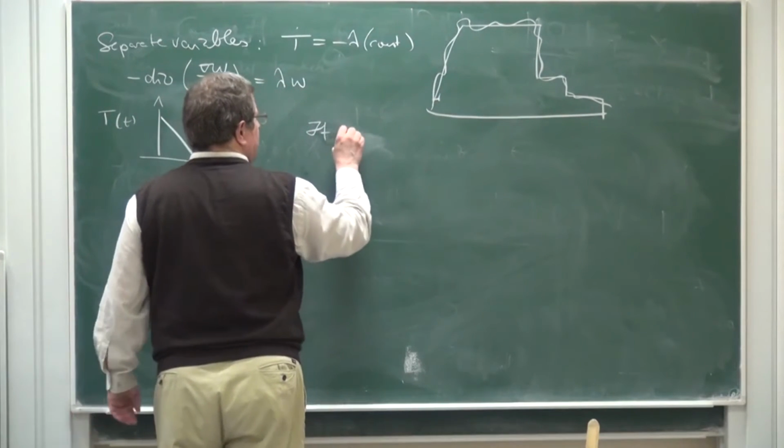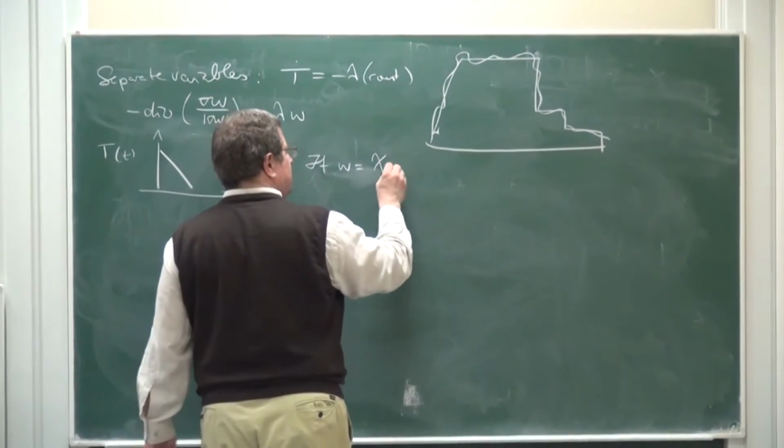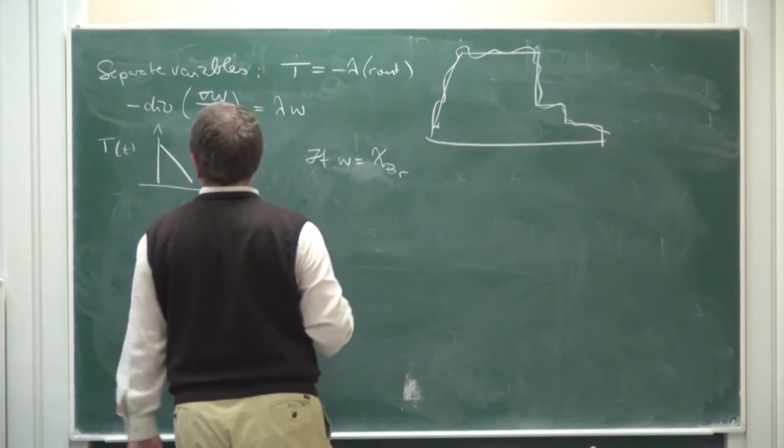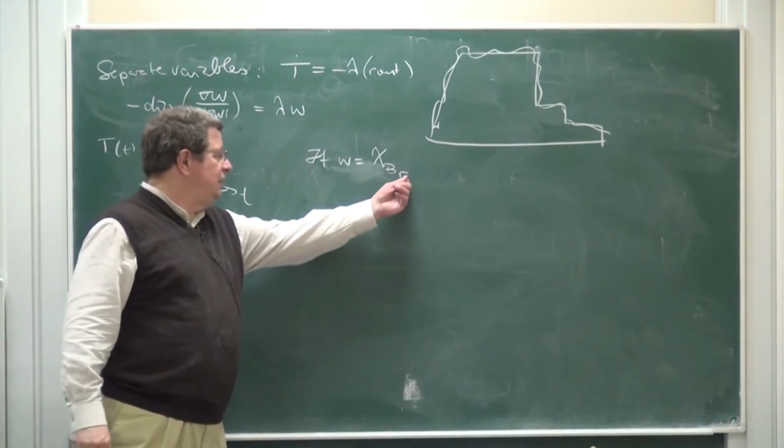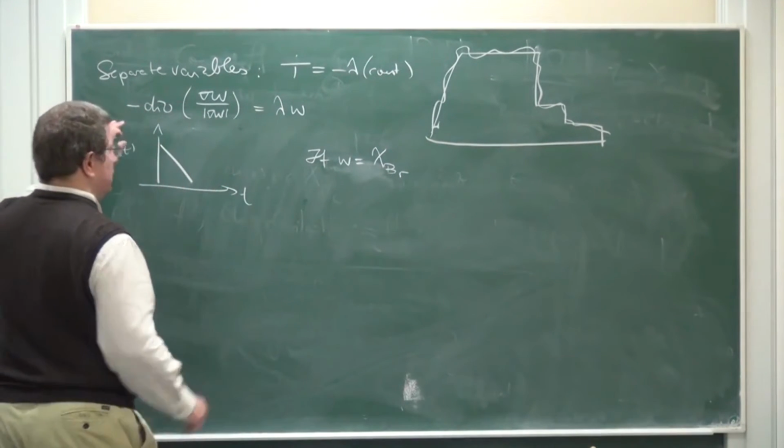So if, say, w is the characteristic function of a ball of radius r, then all the level sets of w have curvature 1 over r.